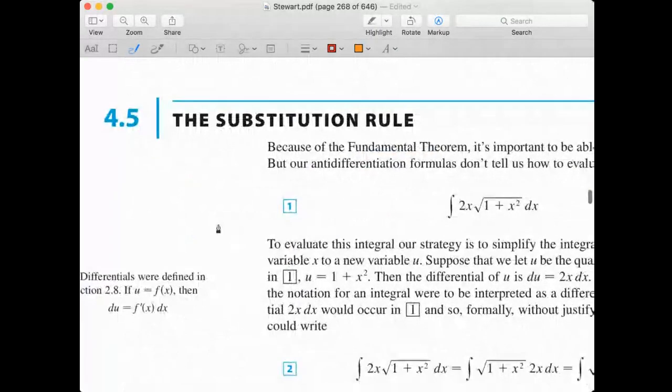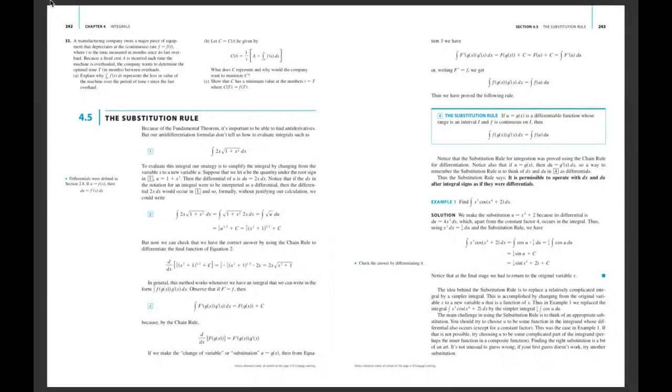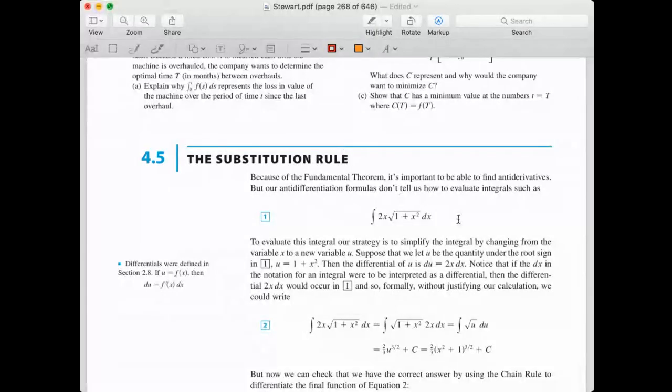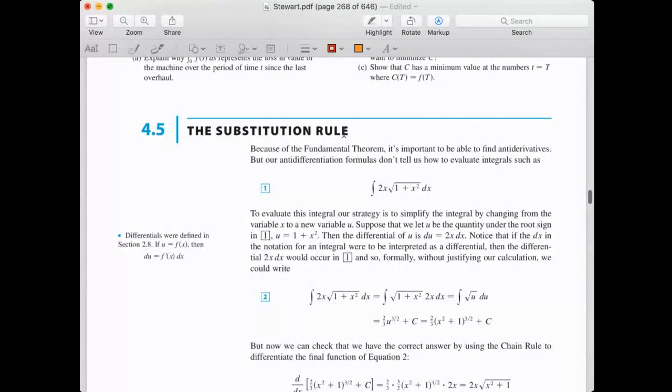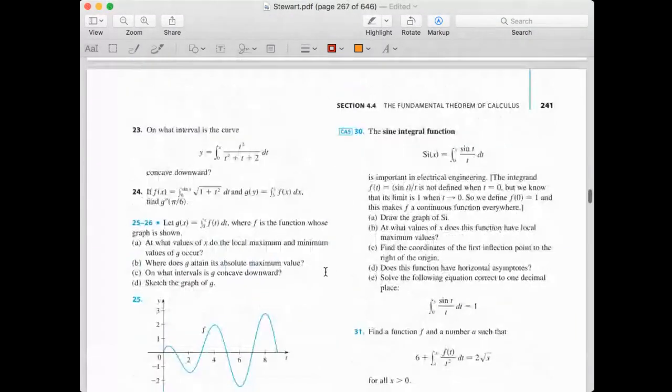Okay, 4.5, substitution rule. Stop me anytime when you have a question, all right? We already used the substitution rule before.